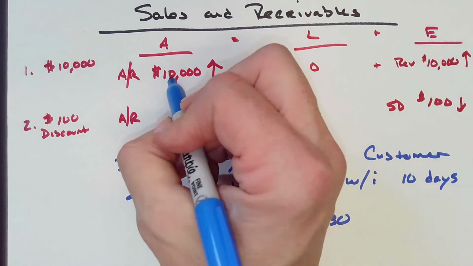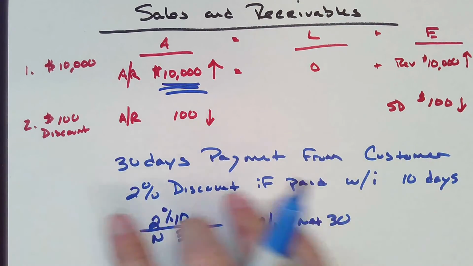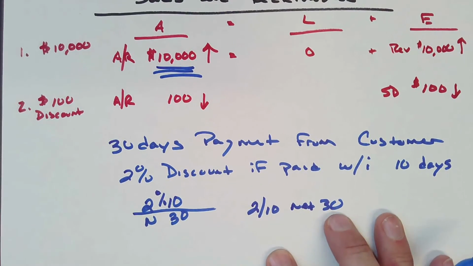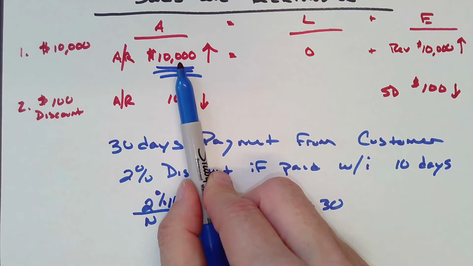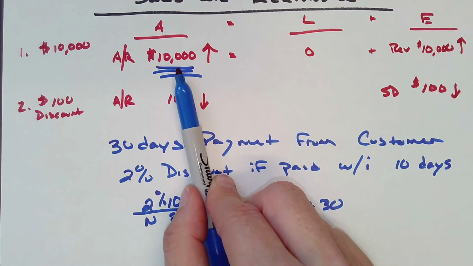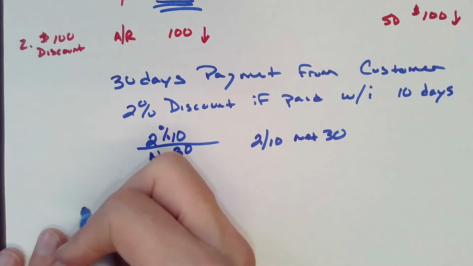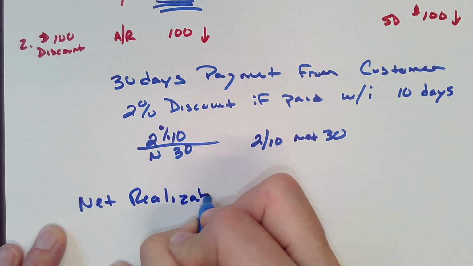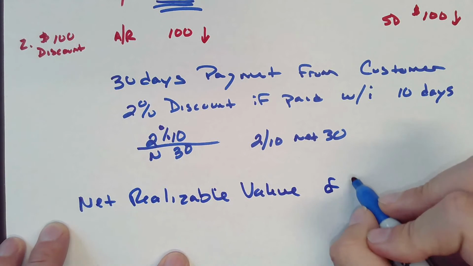But now we've got to look at that along with all the other receivables. And what we are going to try to find out is, do we have customers that aren't paying us as quickly, or might not pay us at all? And try to determine what's the net realizable value of receivables.